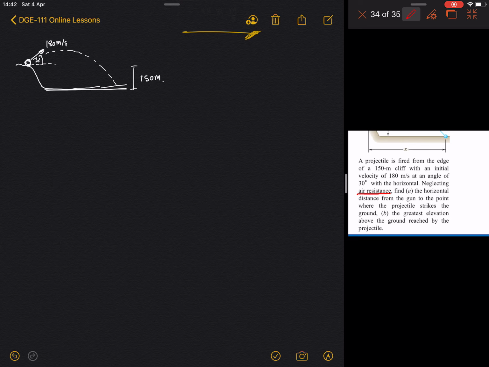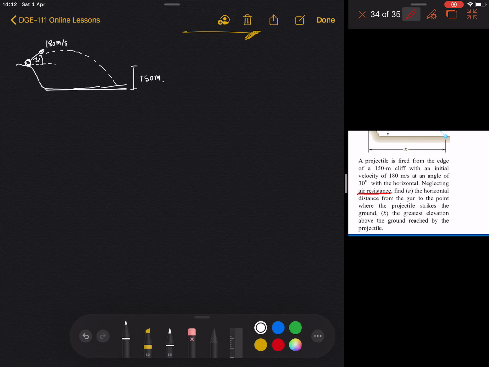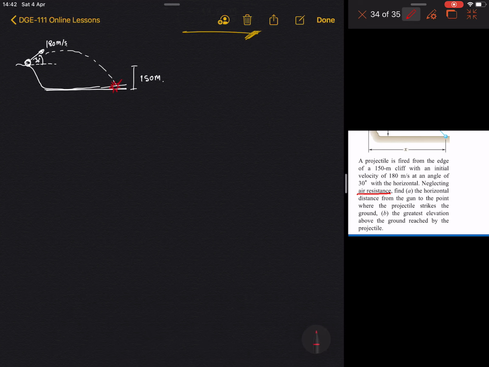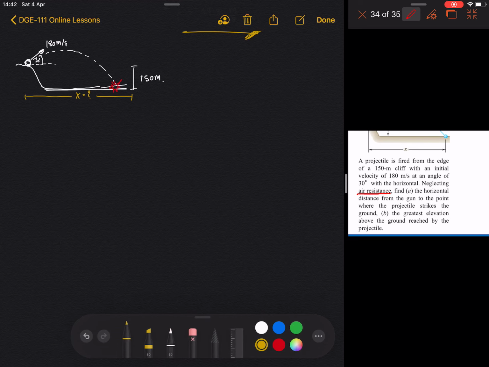So this is where the projectile strikes the ground, and what they would like us to find is the horizontal distance, from here to here, x equal to what?